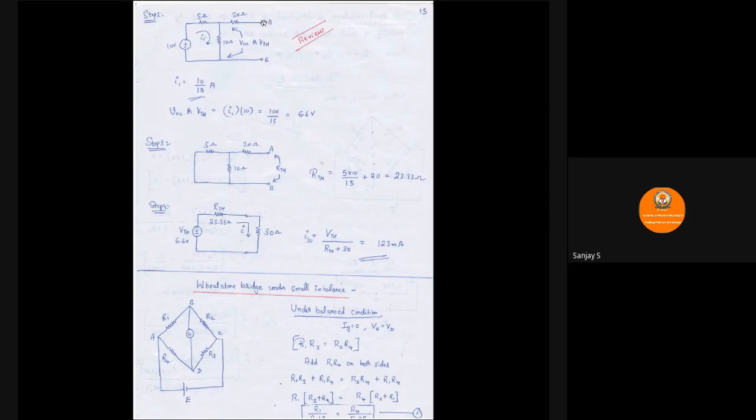Since ends A and B are open, no current will flow through this 20 ohm. Current is only going to flow in the loop here. So this current will be equal to voltage divided by total resistance. Total resistance is 5 plus 10, which is 15. Voltage is 10. So 10 divided by 15 is the current, which is I1.